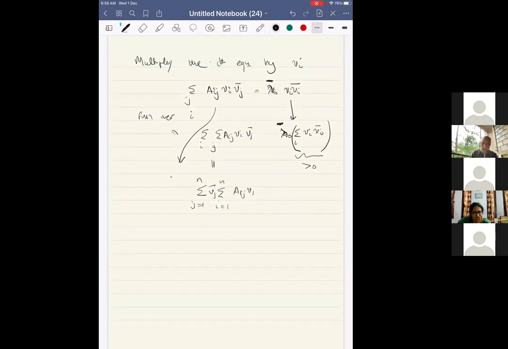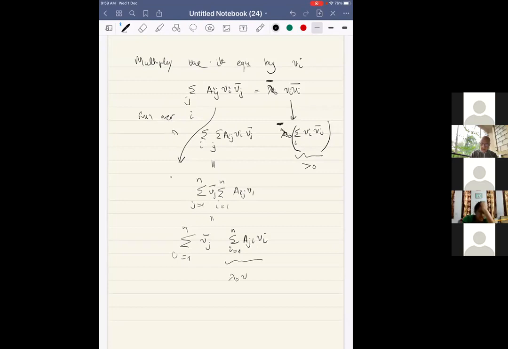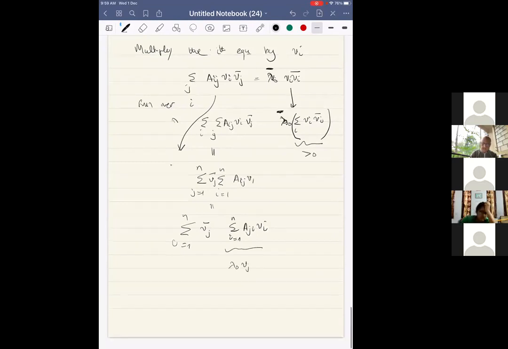But this is equal to the sum over j equal to 1 to n of vj bar. Now remember, A is symmetric. So this is A ji vi, i equal to 1 to n. But this is lambda 0 vj.